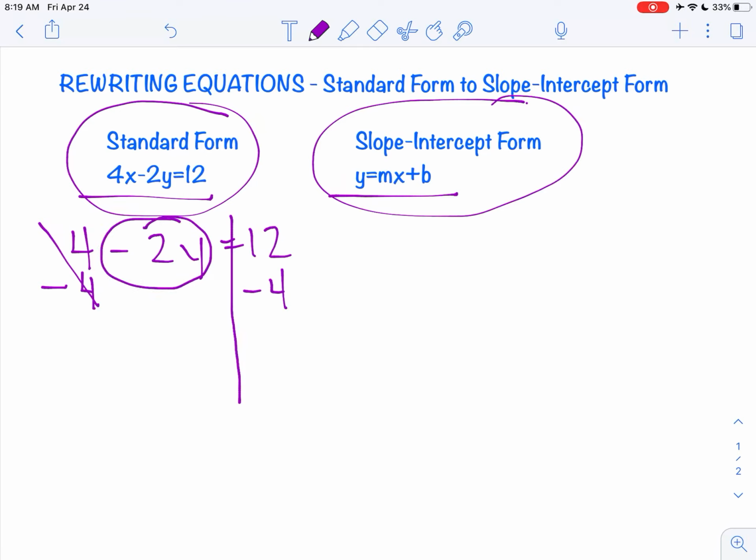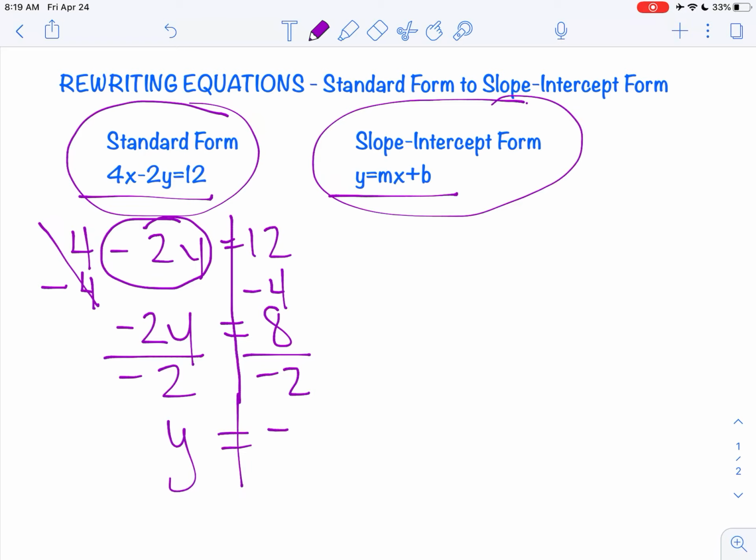Don't forget that you have to take that sign with you. So I have a negative 2y is now equal to 8. I'm going to divide both sides by the coefficient, and then I would have gotten y is equal to negative 4.